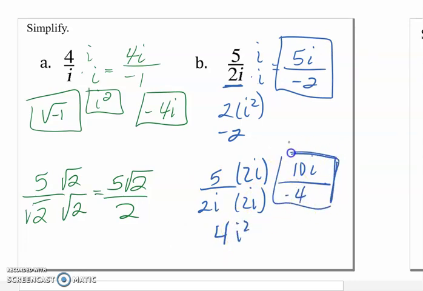Not a bad answer, but 10 and 4 are both even numbers, so you would have to simplify to this. If you did that, it's absolutely fine. Not a big deal.